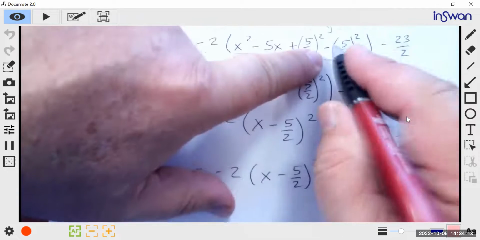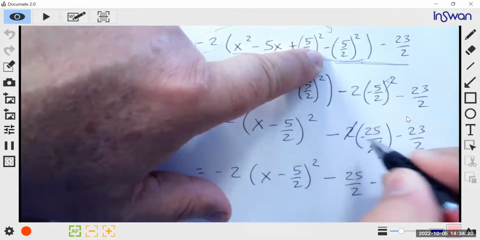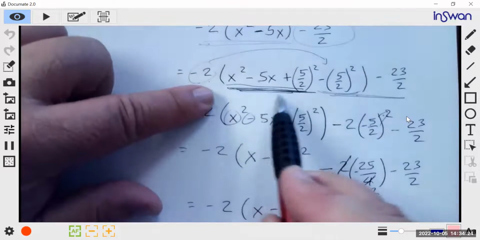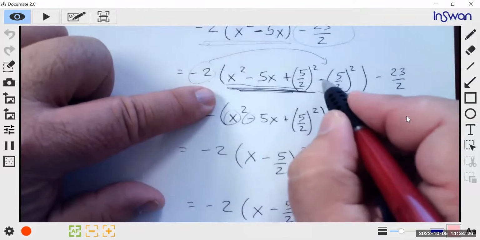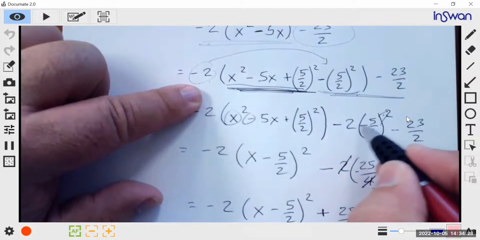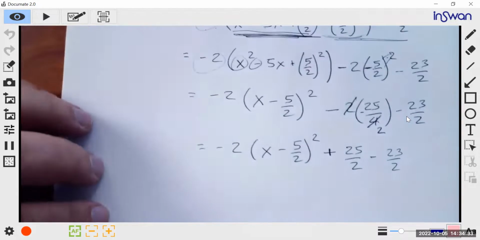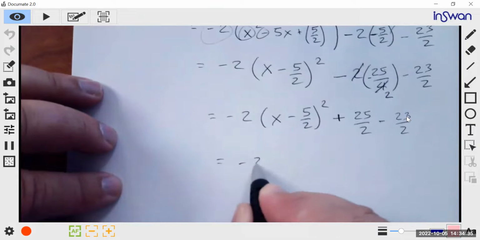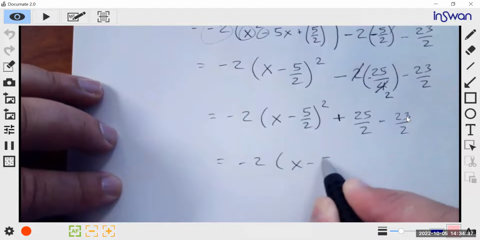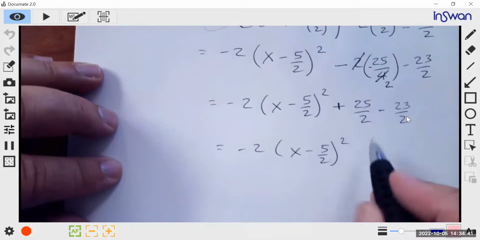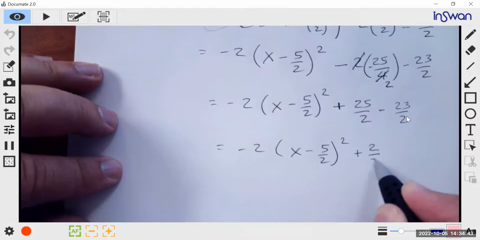That's it. No, that was a negative. So it's going to be positive 25, because when I subtracted, this is supposed to be a minus here. So when I separated it, still should have been a minus. And then I put this -2 in front of it. 25 minus 23 is 2/2.